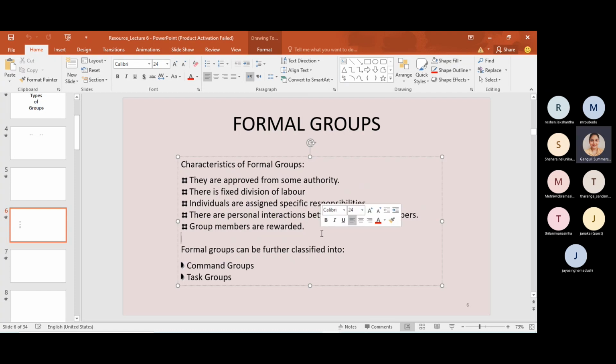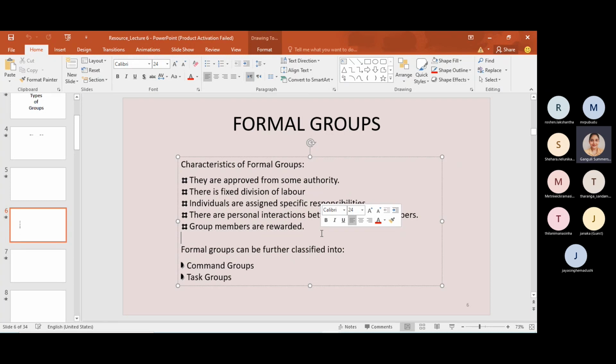Fixed division of labor means that in a formal group you have a fixed number of people. In informal groups there are no rules, so if you feel like you need more friends, you can join a few more people into the group, and sometimes you can remove people from the group too.